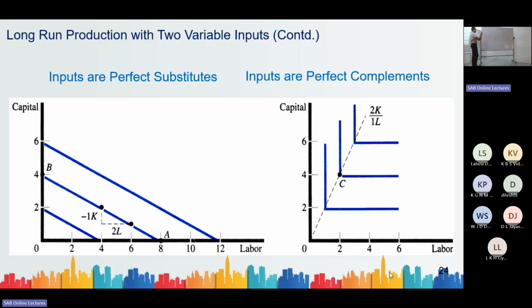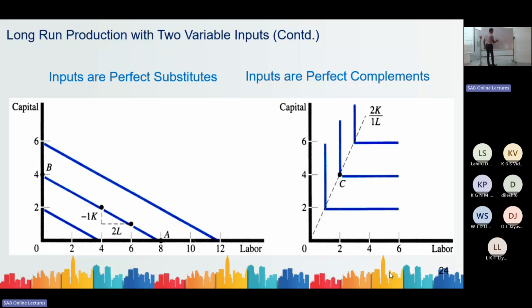Anyway, what we understand with this explanation is that for two perfectly substitutable inputs, the isoquant curve is a downward sloping straight line, and the slope is constant.